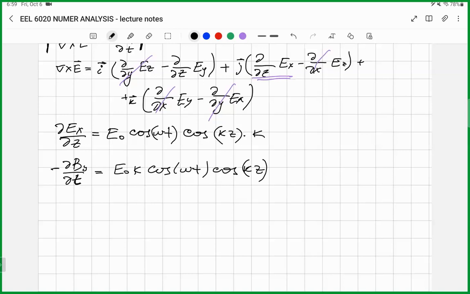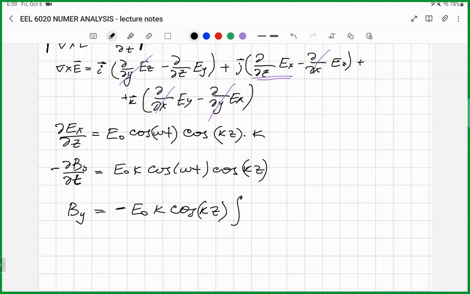So By is equal to minus the integral over time. Let's take everything that doesn't depend on time out of the integral: E0 k cosine kz.